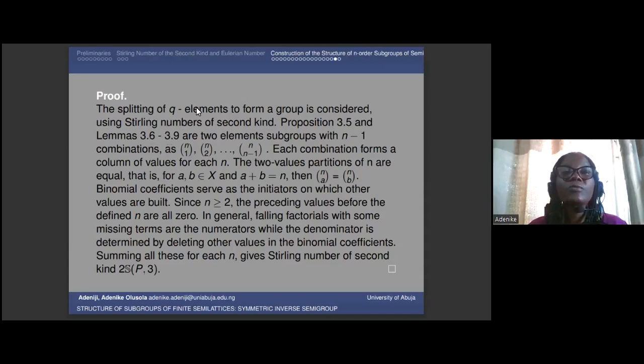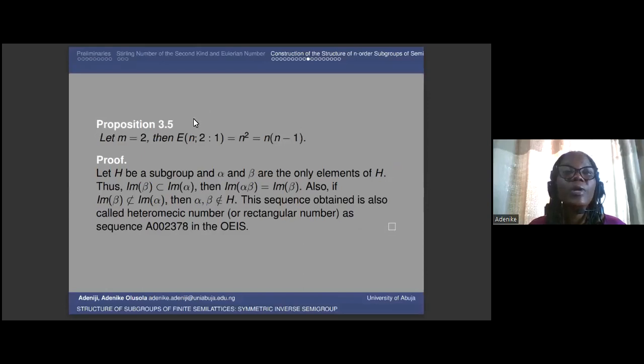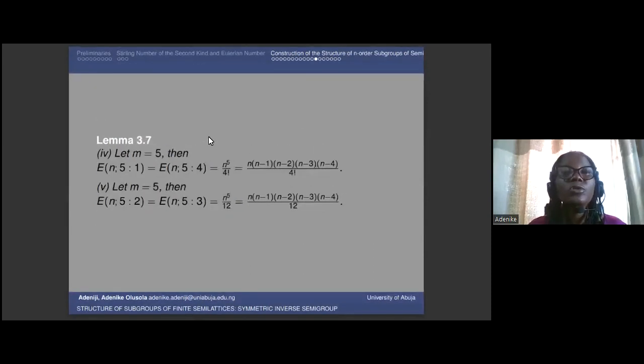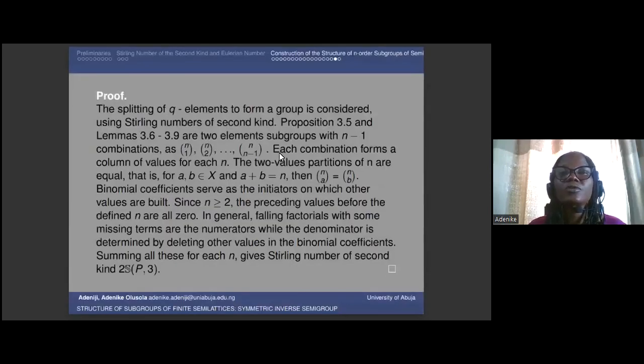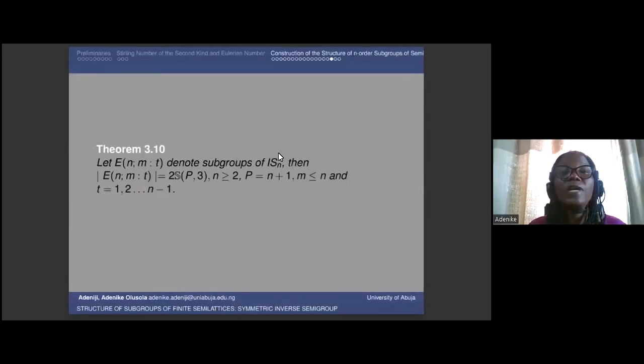We have the elements denoted by Q, that is, we split the elements into Q ways to form a group, and we also made use of the proposition 3.5 proved earlier to talk about the number of subgroups when m is 2. And then the lemmas to show the number of subgroups of symmetric inverse semigroup.